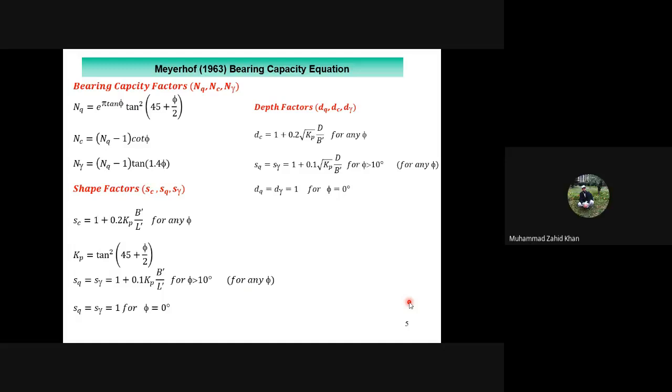Sir, it's done. Okay, now inclination factors. This is a vertical load, this is a horizontal load on the foundation, and this is the resultant. This is angle theta that the resultant would make with the vertical.